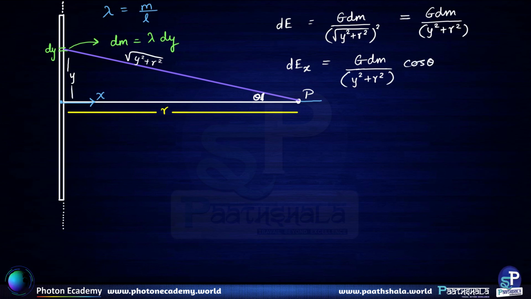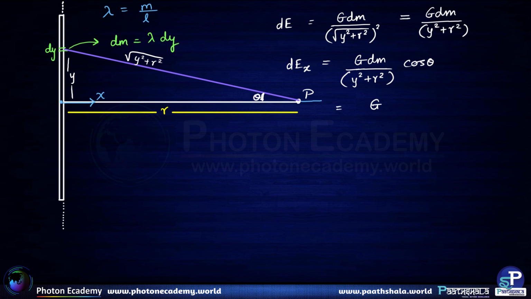Now cos theta happens to be r upon under root of y square plus r square, and dm happens to be lambda times dy. So we can write down this expression as G lambda dy, and cos theta is nothing but r upon under root of y square plus r square.